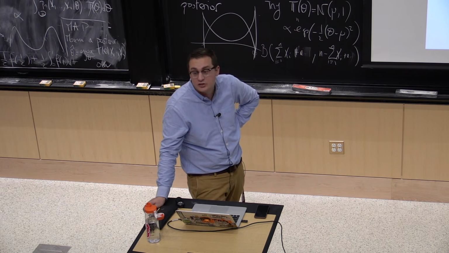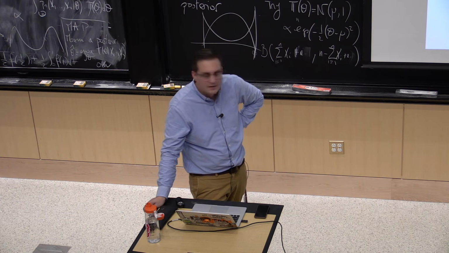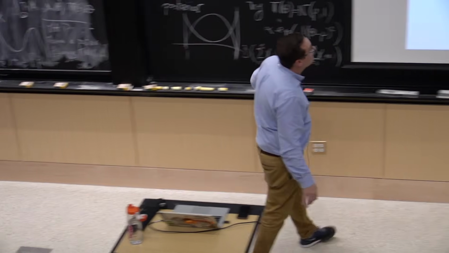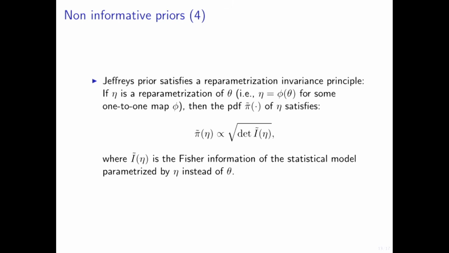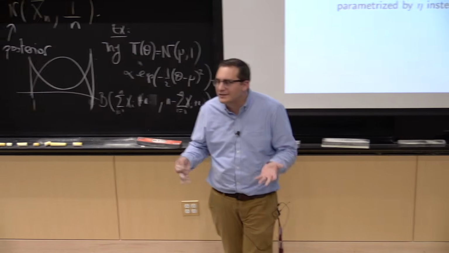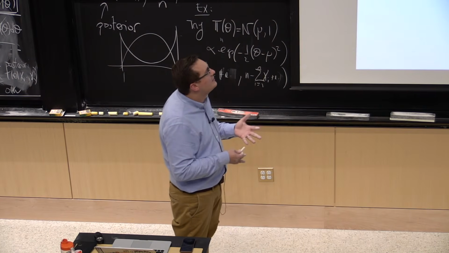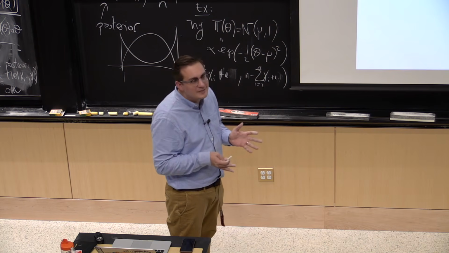Maybe your doctor is much more able to formulate some prior assumption on p squared rather than p. You never know. And so what happens is that Jeffreys priors are invariant to this. And the reason is that the information carried by p is the same as the information carried by p squared somehow. Those are essentially the same thing.